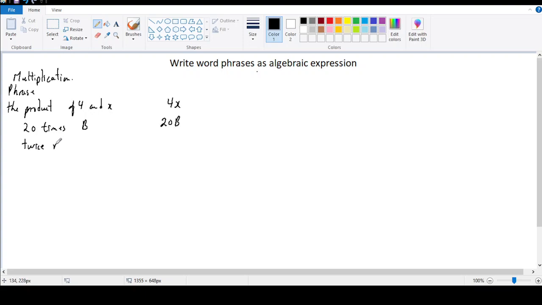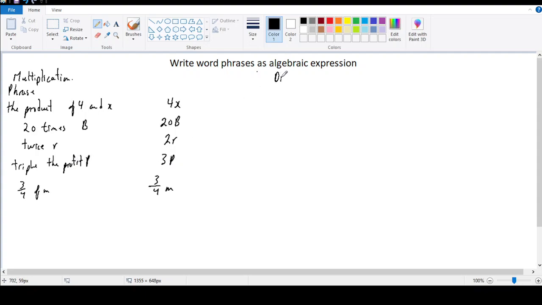Twice r means 2 times r. Triple the profit p means 3 times p. 3/4 of m means 3 over 4 m. Notice that you will just combine the letters here, but be careful: triple p means a product, 3p.